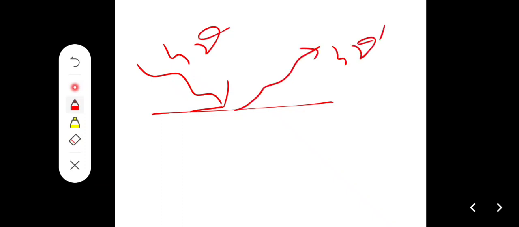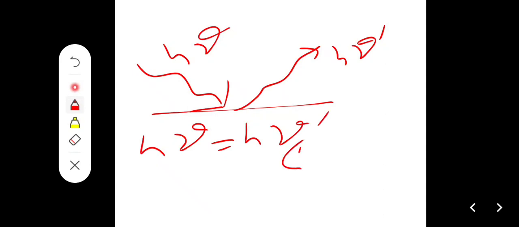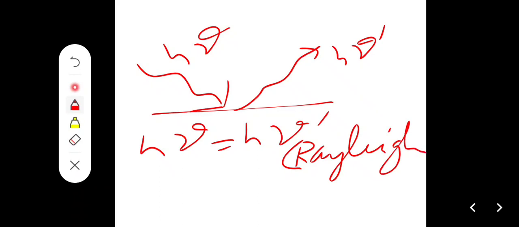If their energies are the same, that is called Rayleigh line or Rayleigh scattering. That is, incident energy or frequency equal to emitted frequency or energy. That is called elastic collision. No transfer of energy can be there.